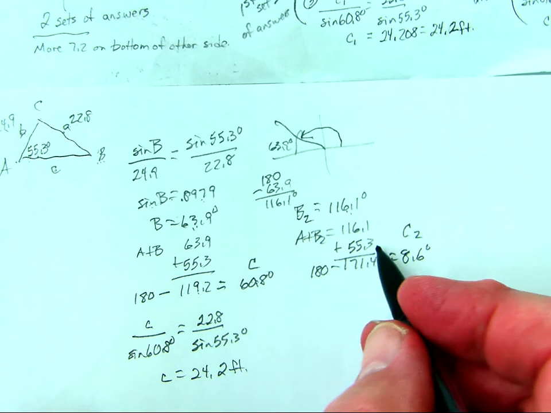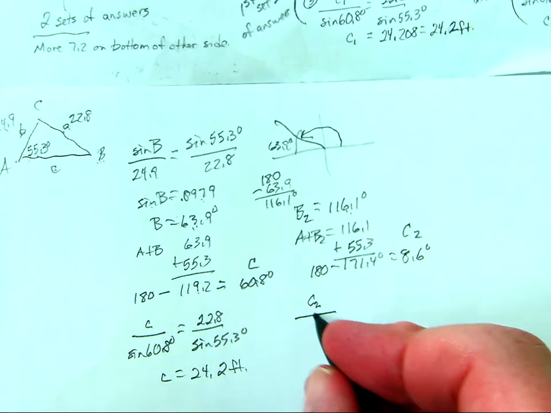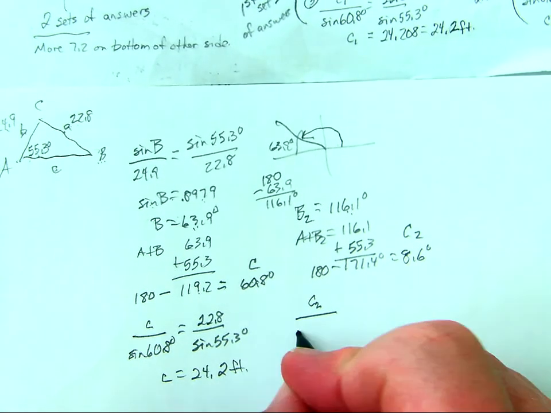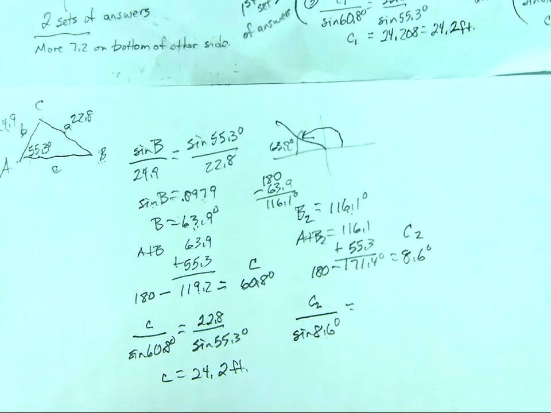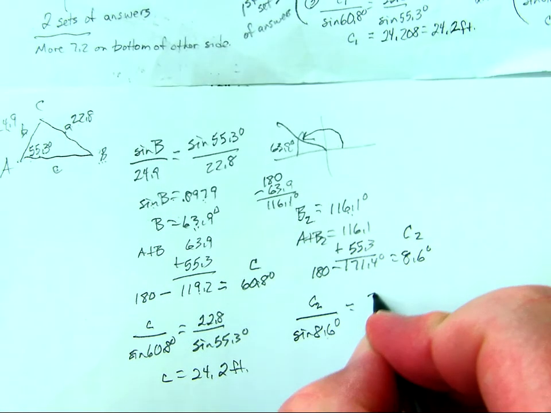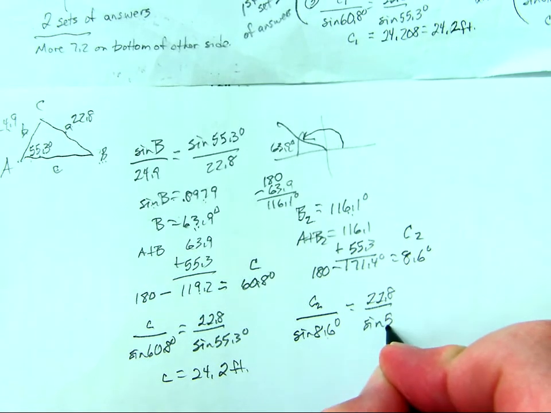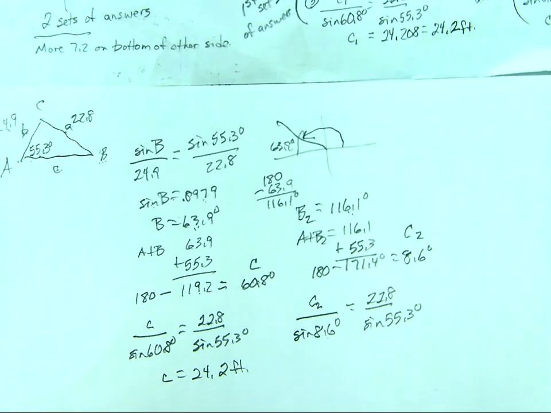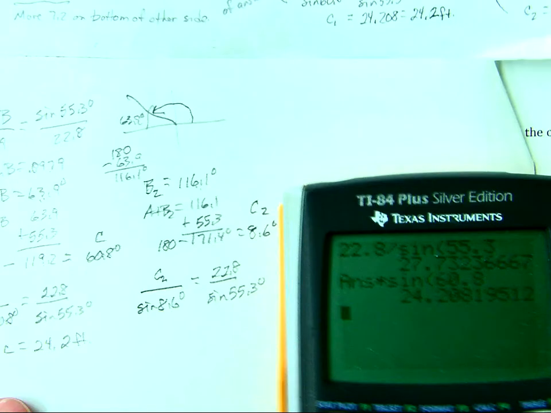Now we need to find side C. So side C2 over, again, we'll use the law of sines, over the sine of its opposite angle, because now that's 8.6, equals our original pair, which was 22.8, over the sine of 55.3. Now we do that on our calculator again.